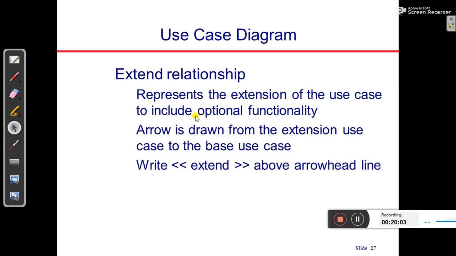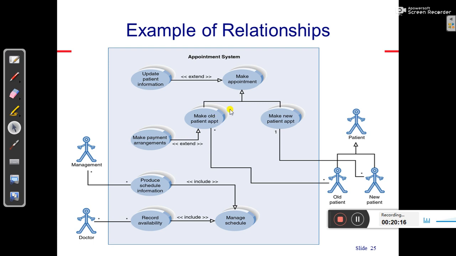Now what is the extend relationship? It represents the extension of the use case to include optional functionality. Here you can see make an appointment is an optional functionality for update patient information.